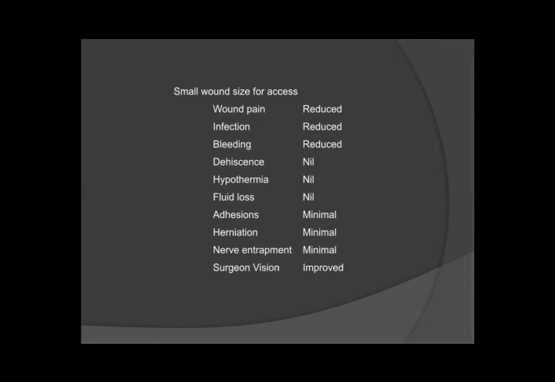However, there are chances of herniations, and in laparoscopic, the most common site for herniation will be through the umbilical port, as this is the port in which the incision is the biggest out of all the other ports, and the reason for that is because it is through this port that we take out the gallbladder. Nerve entrapment is also minimal.